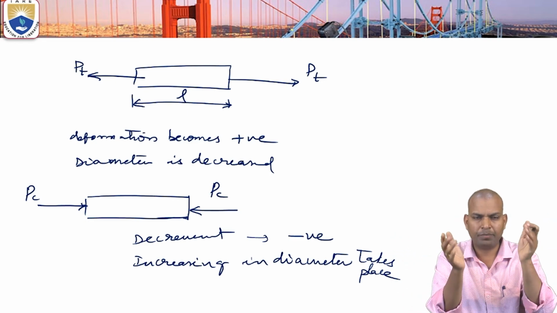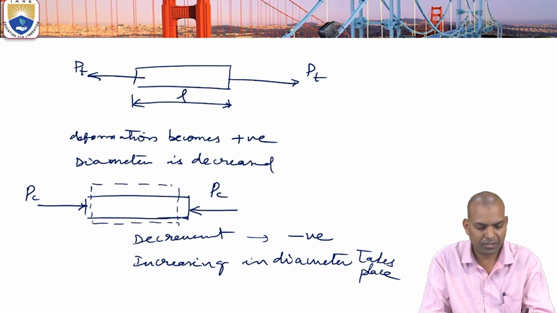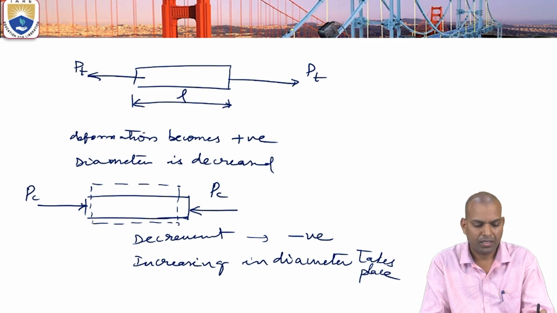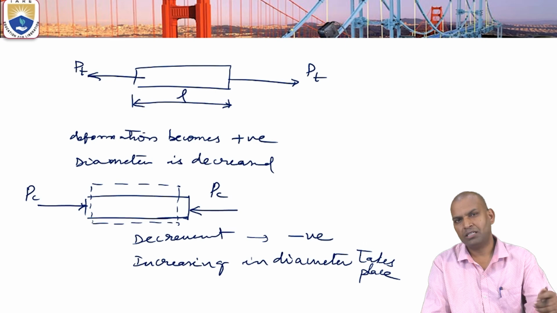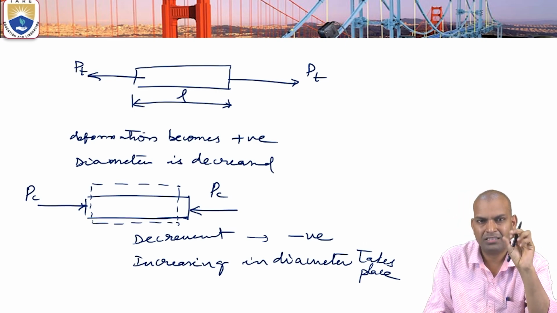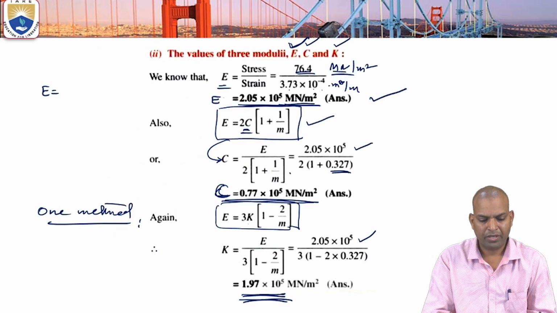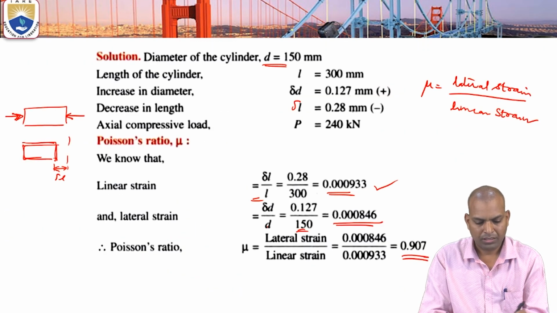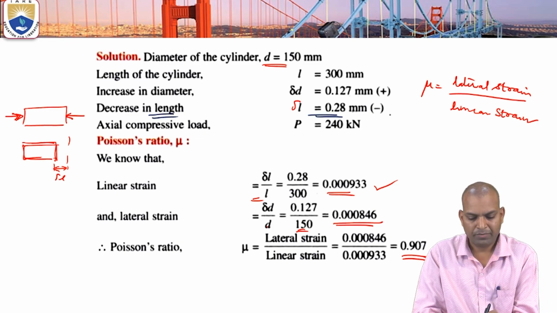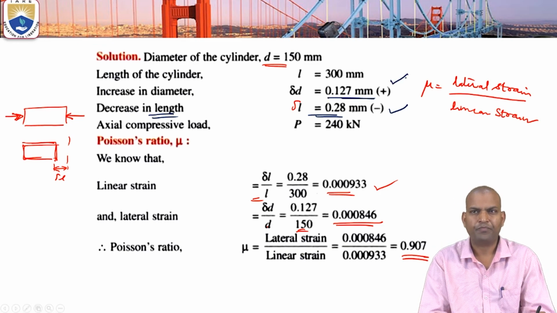When the compressive load is applied, length decreases and the diameter of the cross section increases. So when the compressive load is applied, increase in diameter and decrease in length take place. When the tensile load is applied, increase in length and decrease in diameter take place. That's why in this problem, the way we solve here, the data was given: decrease in length, so delta L becomes negative, and increase in diameter is considered positive.